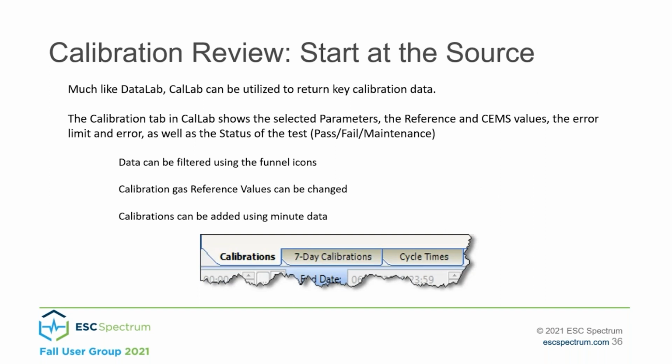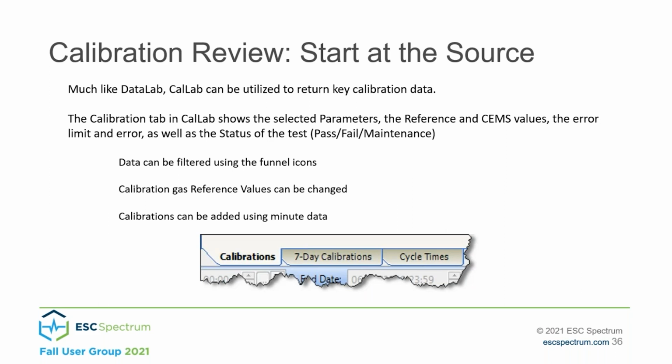Like DataLab, CalLab can be utilized to return key calibration data. Like DataLab, on the bottom of the screen, you have different tabs that show you different views of CalLab. Data can be filtered using funnel icons, just like DataLab.